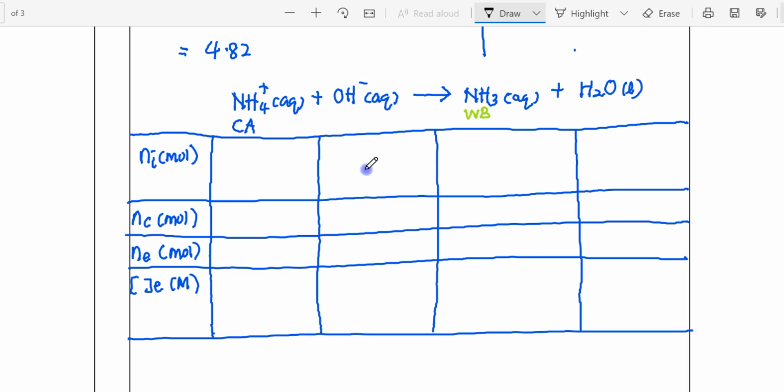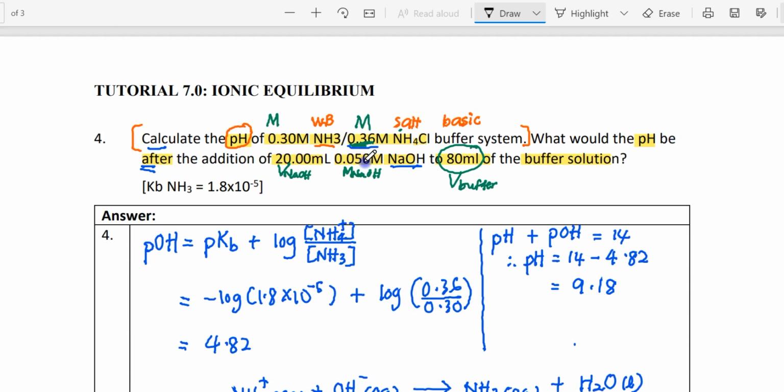Now we want to calculate the initial mole for the conjugate acid, the added OH minus ion, and also the weak base. Refer back to the question. The question already gives the volume of buffer solution, that is 80 ml, the volume of sodium hydroxide, 20 ml, the molarity of sodium hydroxide, 0.05, and the concentration of the weak base and its conjugate, 0.3 and 0.36.